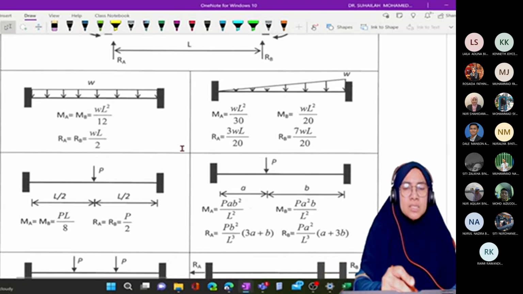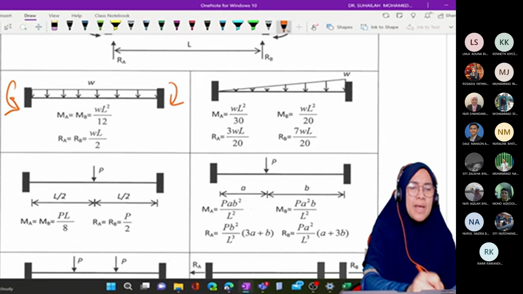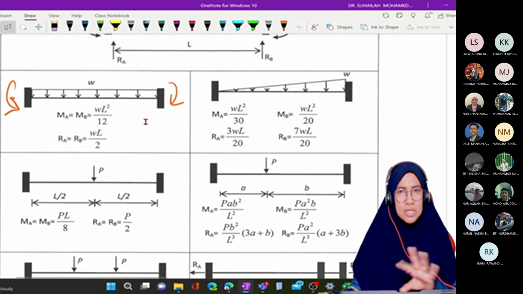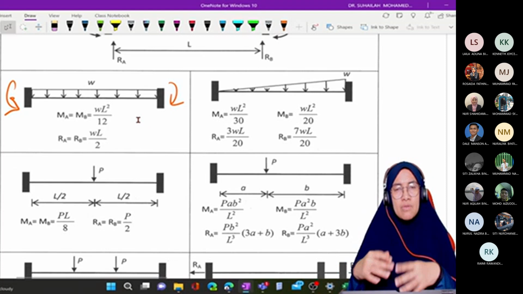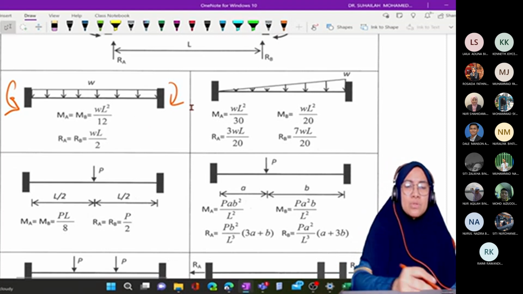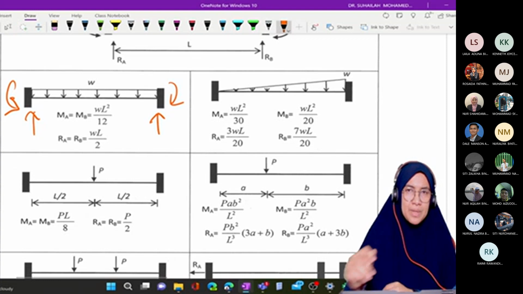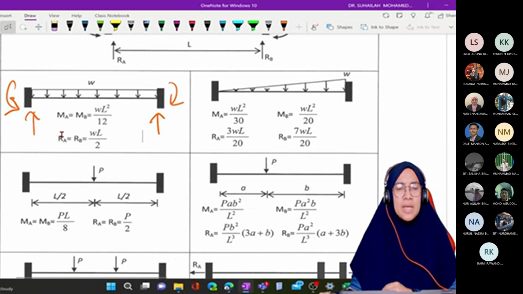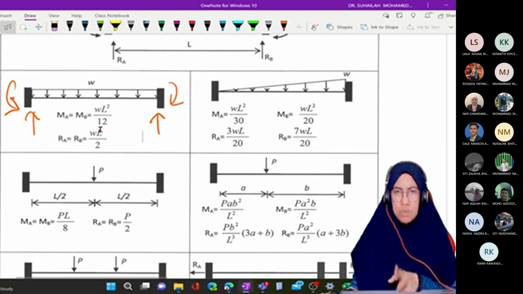So we will have moment acting in these two directions, opposite direction because of the behavior. And we will also have the vertical reaction at A and at B. The vertical reaction due to W will be WL over 2, and the fixed end moment is WL squared over 12.